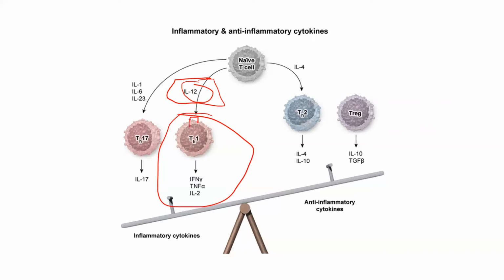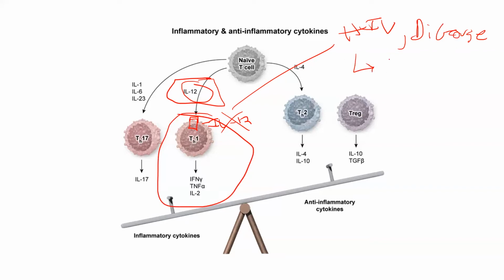Now, you have a receptor for this. It's called an IL-12 receptor. If you have an IL-12 receptor deficiency, you have a T helper cell deficiency, and that will lead to a T cell immunodeficiency. What will that cause? It will be similar to HIV. It will be similar to a lot of the T cell things like the George. I mean, obviously, George has other factors involved with it, but it will cause someone to have oral candidiasis.